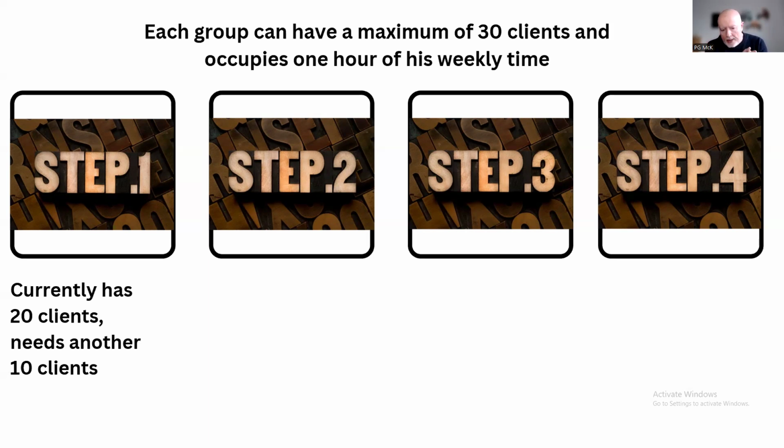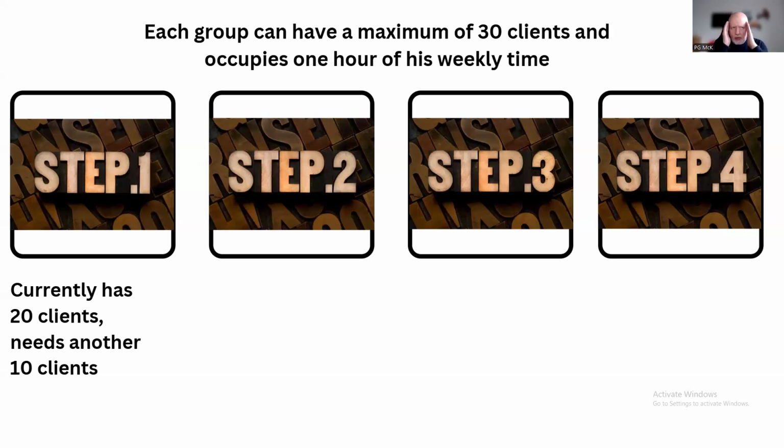There, right. So step one. The current situation is he has 20 clients. I have a problem saying that word, sorry. A phobia, rather. And he needs another 10 clients. Okay.